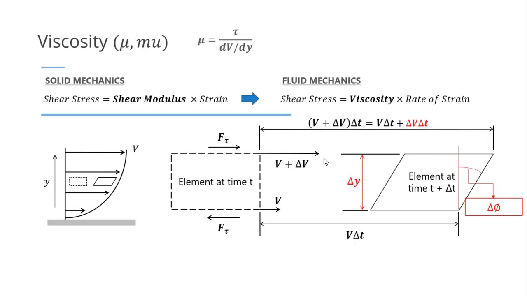The distance moved by the top surface is the quantity v plus delta v times delta t, or it is equal to v delta t plus delta v times delta t. The difference of these two distances is delta v times delta t.